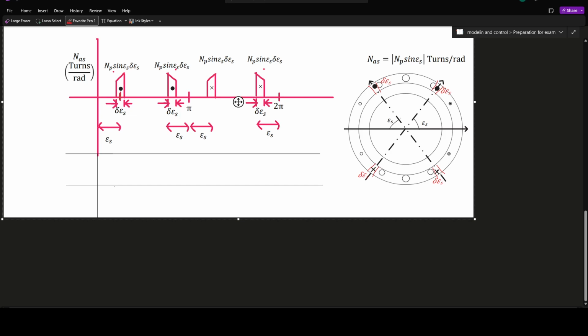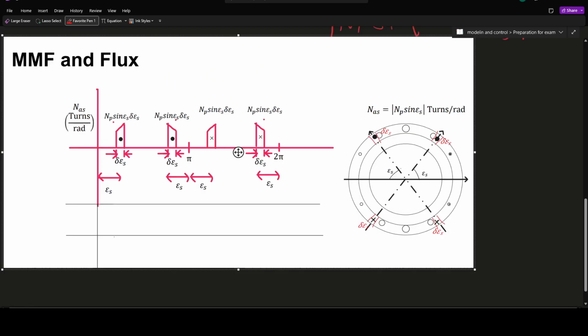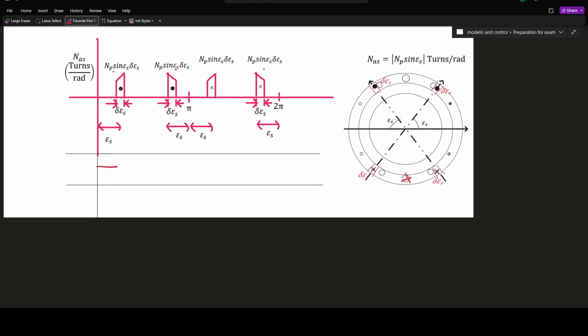Remember, we said that if we go from cross to dot, that is positive. So up to here we are going to have positive, and then positive for both.